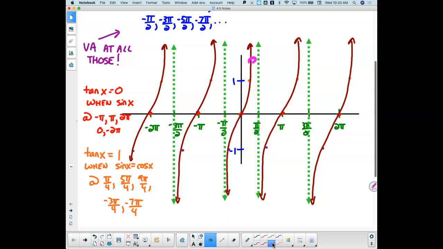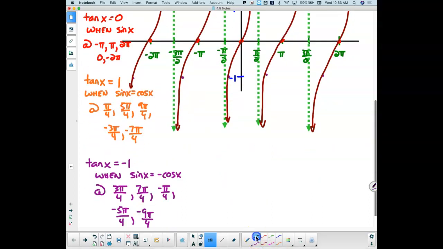Correct? Okay. Well, the tangent at pi over 3 is going to be the sine value, square root 3 over 2, divided by the cosine value of 1/2. Square root 3 over 2 times 2 over 1 gets me the square root of 3.